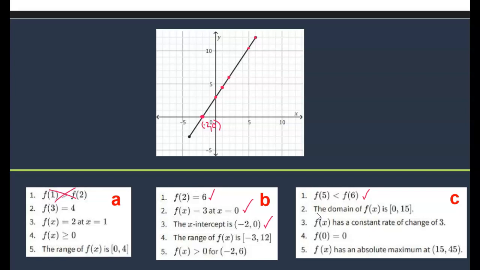Let's look at the second one. The domain of f of x is 0 to 15 inclusive. We're going to include those endpoints. Is that the domain of this function? Think to yourself, what is the domain? Think back to our song, the set of inputs is the domain. Our valid x values for this function is the domain.